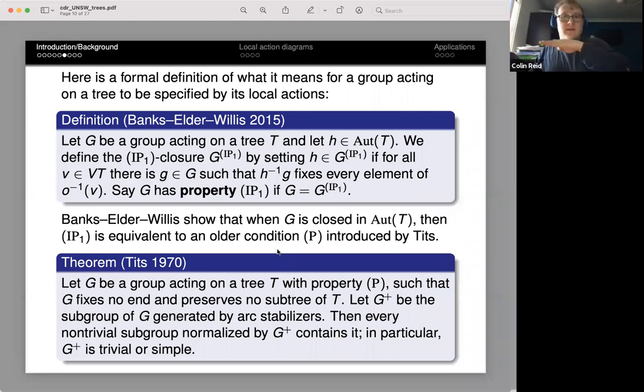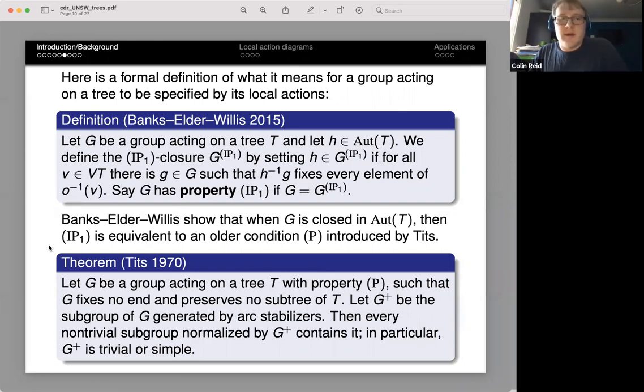And you want the pointwise stabilizer of this path to act independently on each subtree, so it's the direct product of the groups acting on the subtrees. So that's how Tits defined it. But the Banks, Elder, Willis definition is more convenient in terms of local actions. And they turn out to be equivalent once you've got a closed subgroup of Aut T.